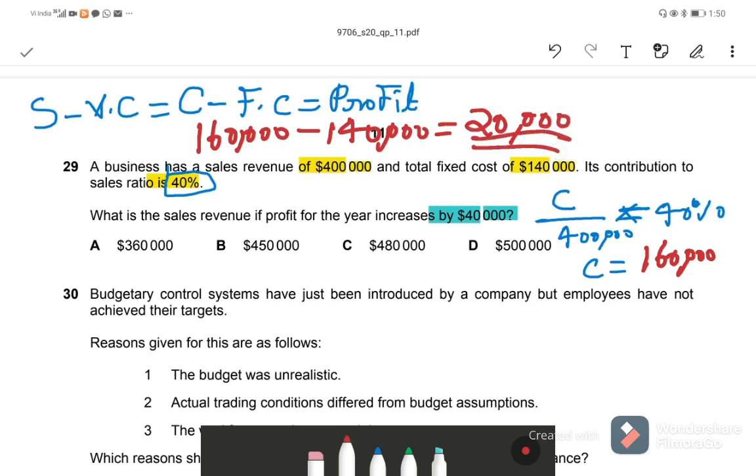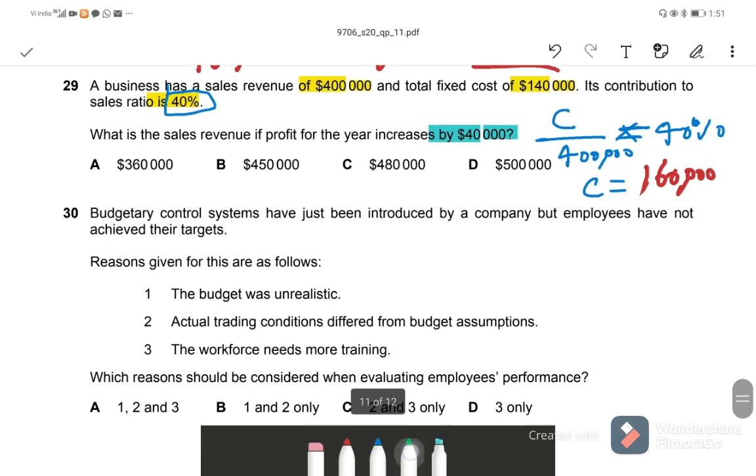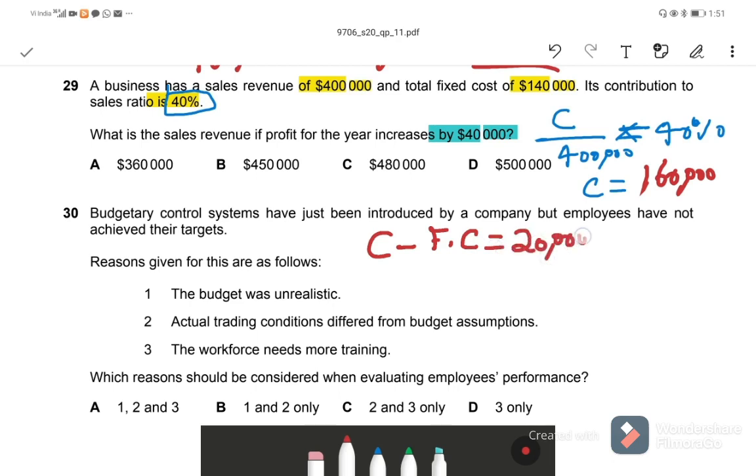Now, the current profit is 20,000. If it is increased by 40,000, the new profit will be 60,000. So contribution minus fixed cost is equal to 20,000 plus 40,000.